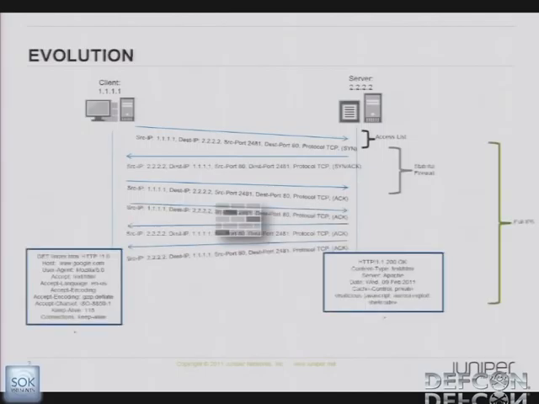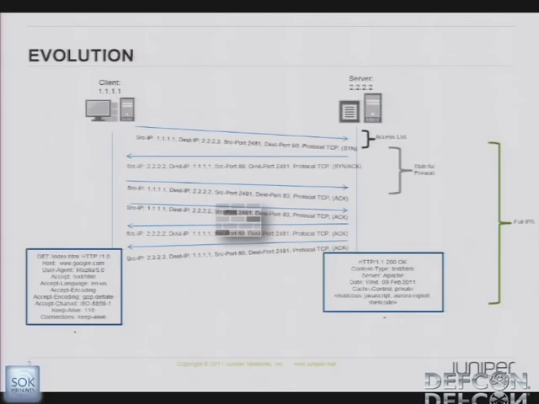Then we got full IPS, or well, originally it was IDS, but we got full IPS, and basically that took a lot of the limitations of stateful firewalling into account, because part of the issue with stateful firewalling is while it did do a good job of restricting actual traffic, it didn't do anything to be able to block exploits, be able to look deeper into the flows and determine what the actual application behavior was and so forth.